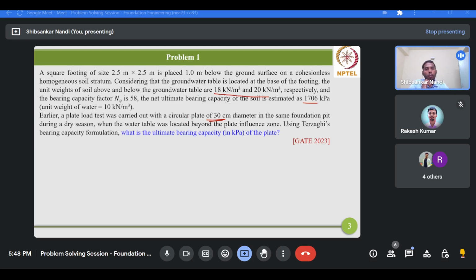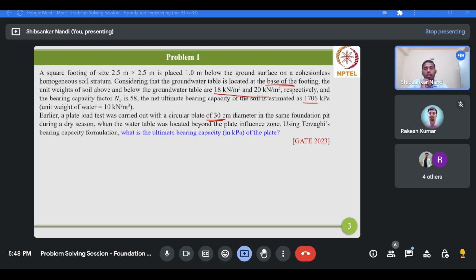So when you have determined the ultimate bearing capacity of the soil for a square footing of size 2.5 meter by 2.5 meter, in that case the groundwater table is located at the base of the footing. So it is very essential to note. However, when you are conducting the plate load test, at that time the plate influence zone is completely dry, because this is a dry season.